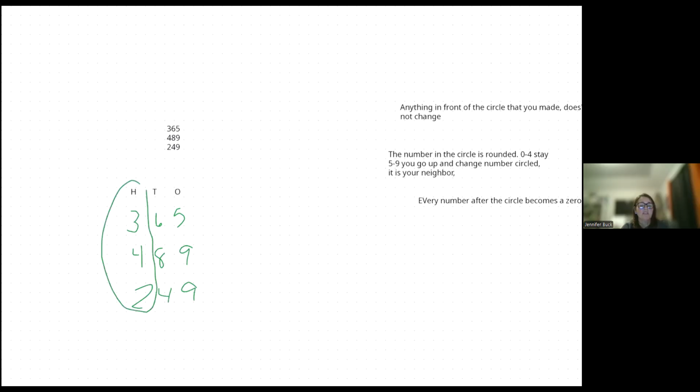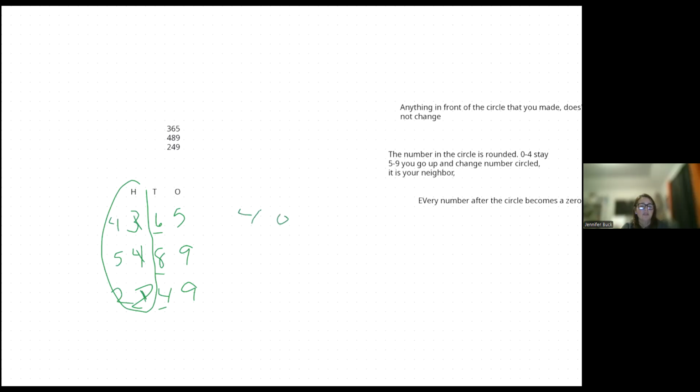There's nothing in front of it, so I don't have to keep anything. I'm going to look at everybody's neighbor. Oh, this is a 6, so that 3 becomes a 4. This is an 8, so that 4 becomes a 5. This is a 4, so that 2 stays. Same rules. Every number after stays a 0. So this is 400.